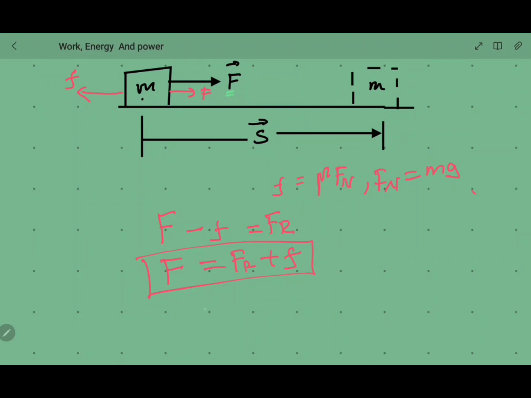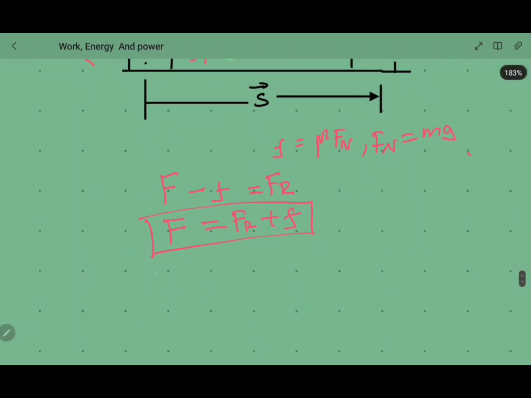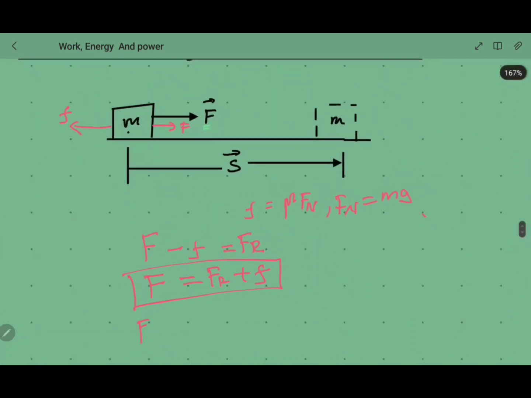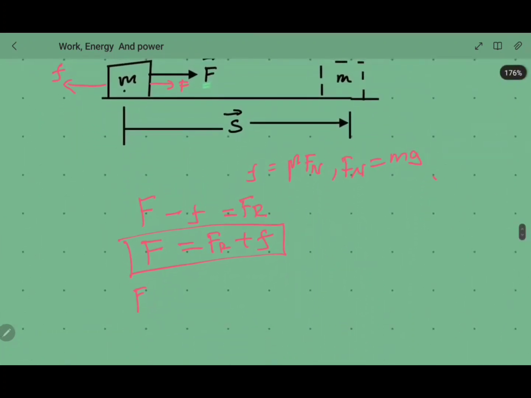What we know is that the applied force and the displacement are parallel, so there is no cosine term. The work done by the applied force is equal to the force applied times the distance.